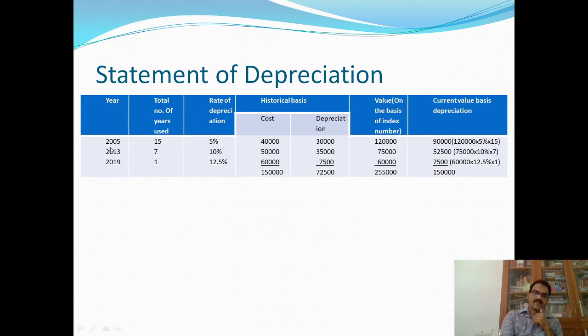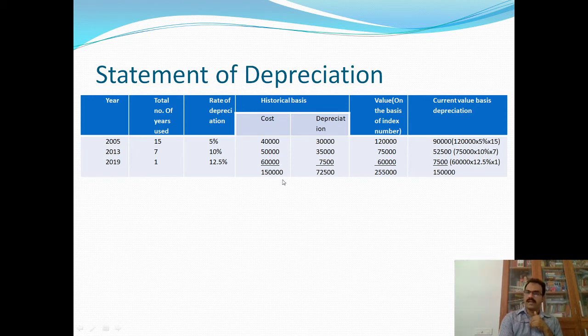The plant purchased in the year 2013 was used for 7 years, and the plant purchased in the year 2019 was used for 1 year. The rates of depreciation given in the question are 5%, 10% and 12.5%. Historical costs given in the question are 40,000, 50,000 and 60,000.